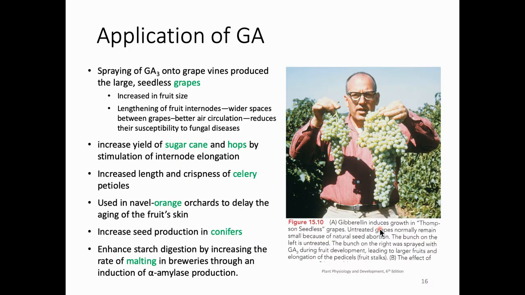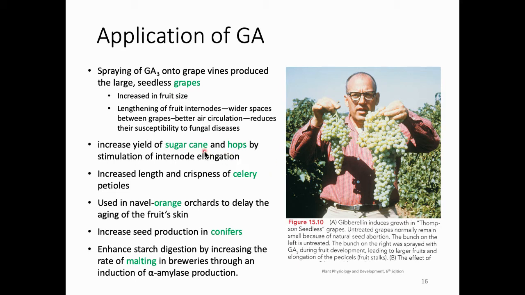So in industry, application of GA, especially GA3, on the grapevines can produce longer stems, and the plants will produce bigger and more grapes.